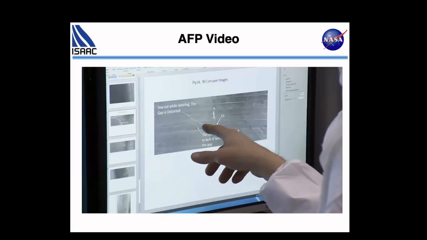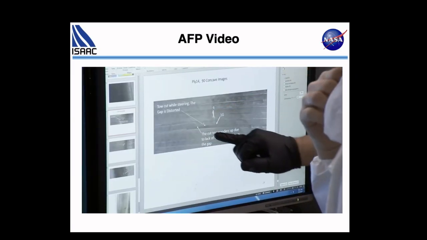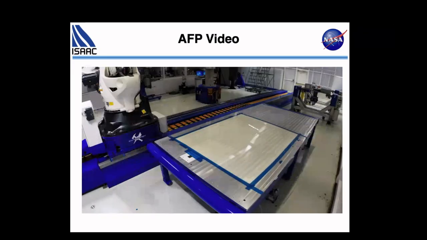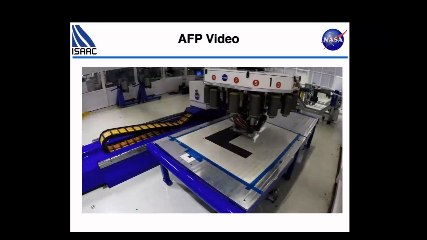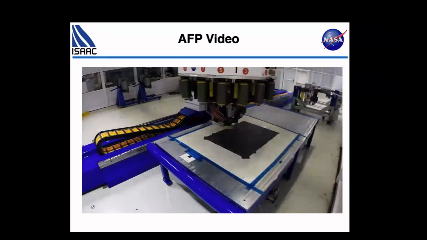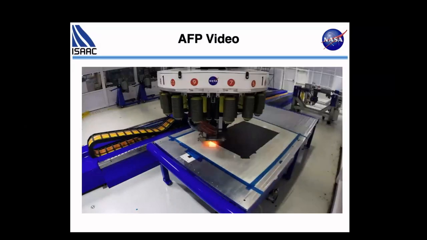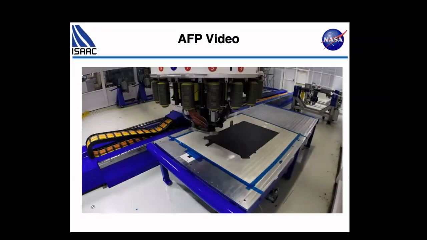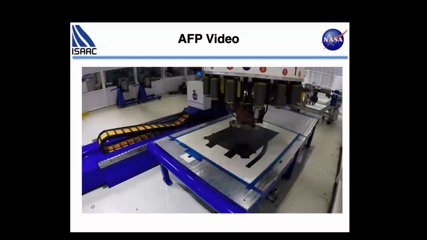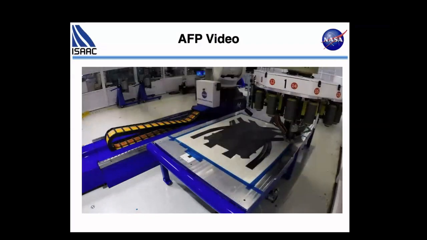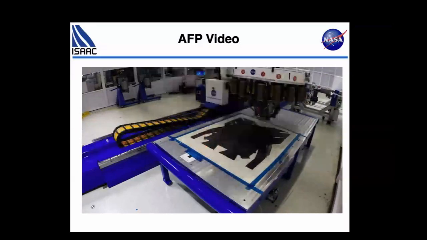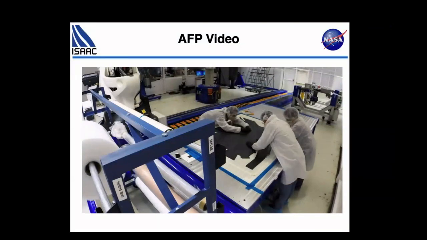So some of what we're trying to do at Langley is better understand what those defects are and how they impact the load carrying ability of your final part. Here we're building a part which has a curve like a rainbow shape, arcs, and when you place that, you end up with putting the inner edge of that arc in compression and the outer edge in tension, which means you can get folds and you can get wrinkles.